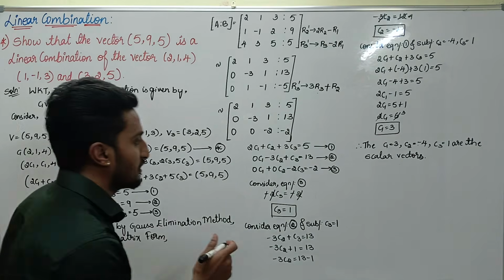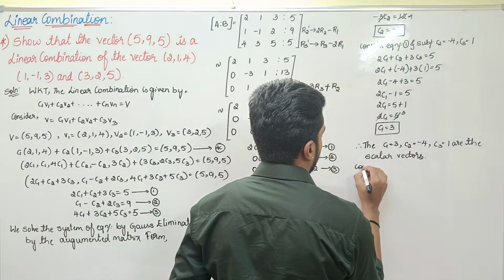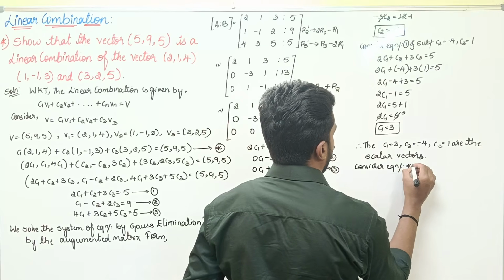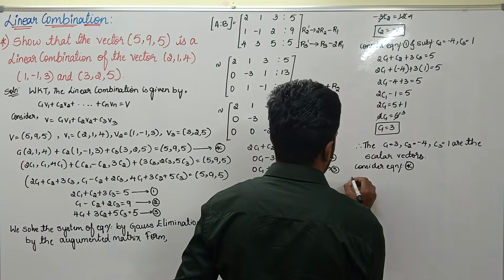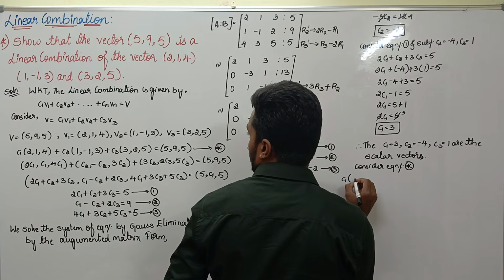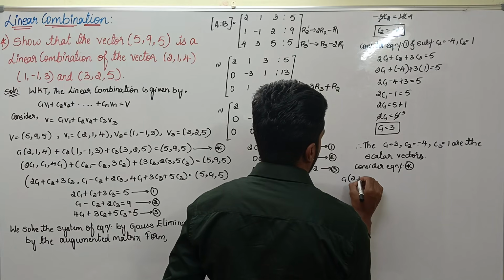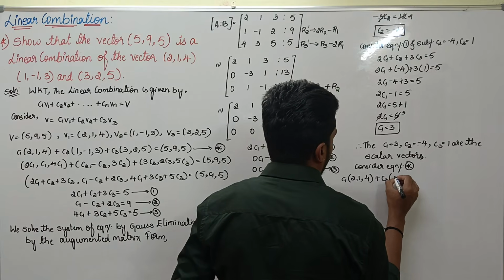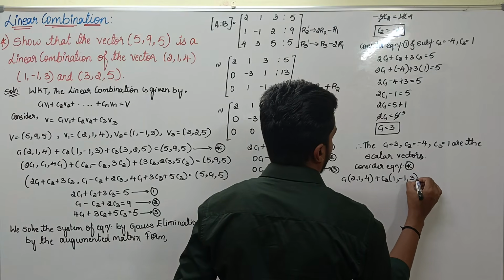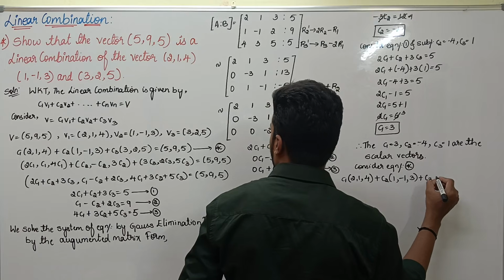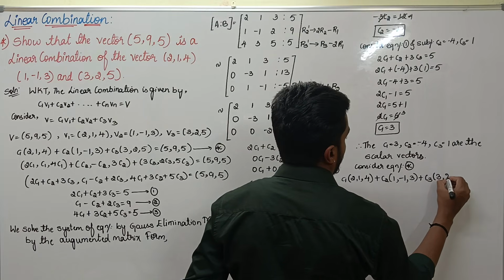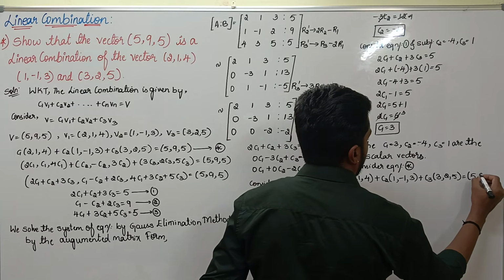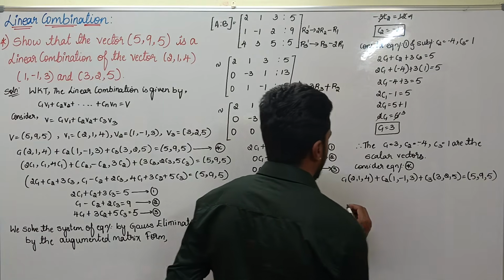Now consider equation star: C1 into (2, 1, 4) plus C2 into (1, minus 1, 3) plus C3 into (3, 2, 5), which is equal to (5, 9, 5).